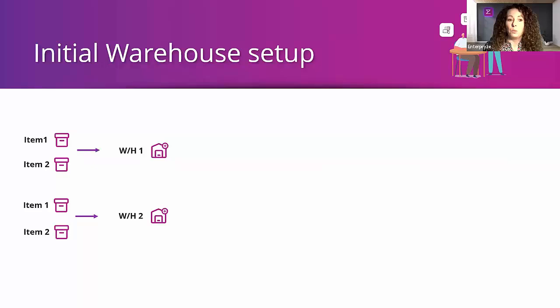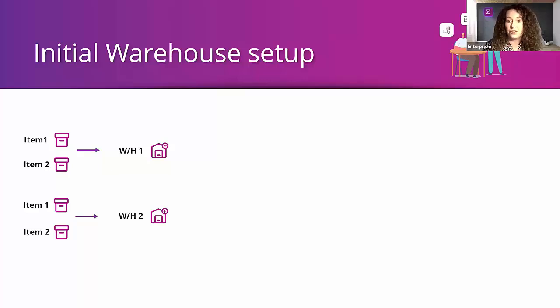The nice thing with warehouses is, again, multiple items can exist within different warehouses. You can see here a good example: item 1 and item 2 are in warehouse 1, but item 1 and item 2 are also in warehouse 2. So maybe you have different locations. Maybe one of your warehouses is a retail store. Don't forget, locations doesn't necessarily mean an actual warehouse.